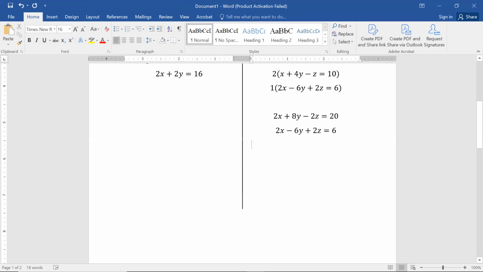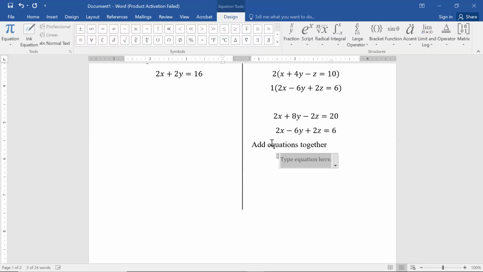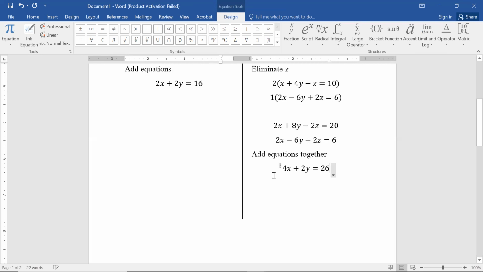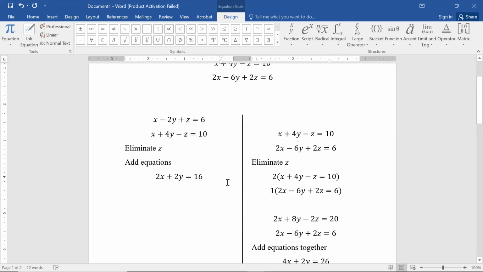Now we're at a point where we can add the equations together. And when I add the equations together, I get 4x plus 2y is equal to 26. So now notice what I have.